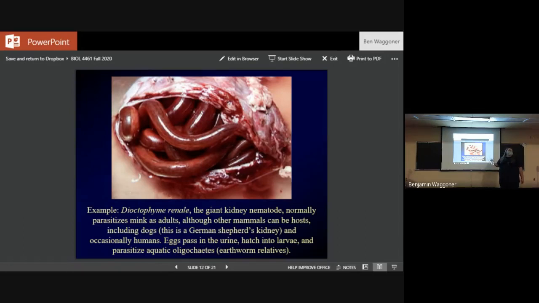Right? Relatives of weasels, little mustelids, mink. Eggs pass out in the urine, as you might expect from a worm that takes over your kidney. The eggs hatch into larvae that parasitize aquatic oligochaetes. What's an oligochaete? Earthworms are oligochaetes. It's a subgroup of the segmented worms.